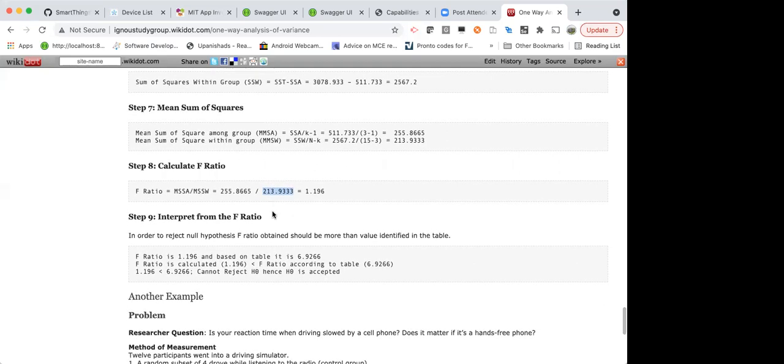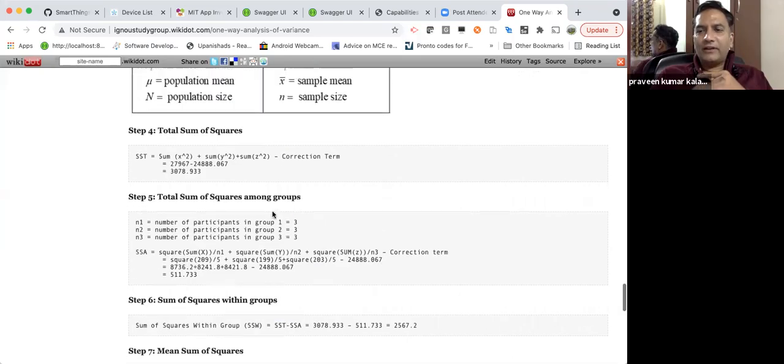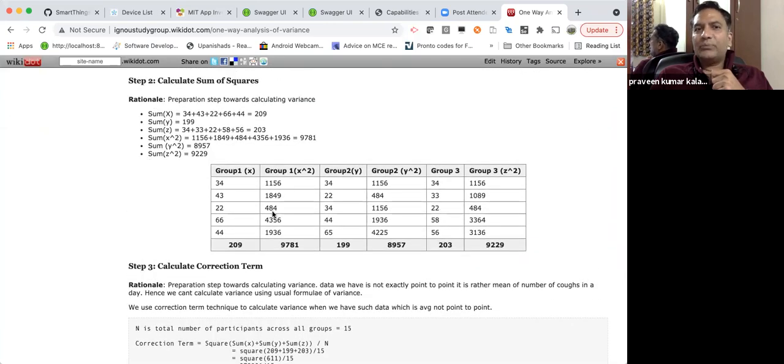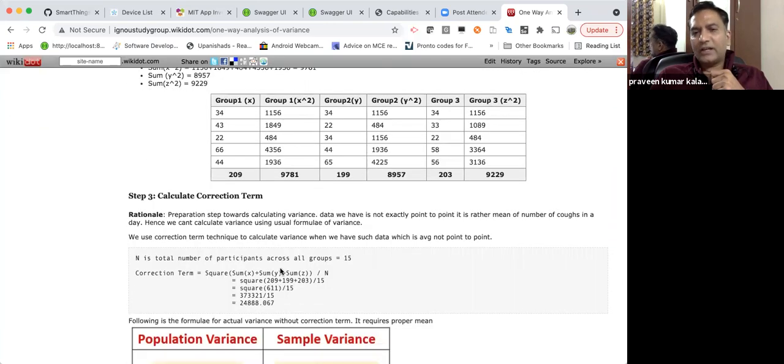Okay, thank you. So any questions? Or are we clear on ANOVA? As I said, it is important for us to do it twice or thrice so that you really get these formulas into your brain and understand how it works.